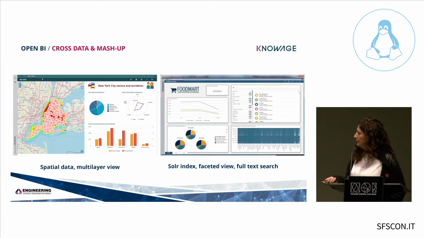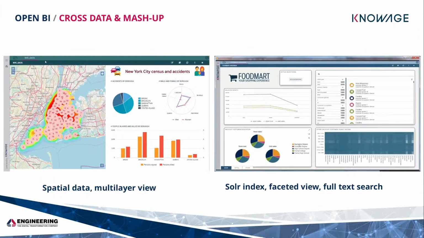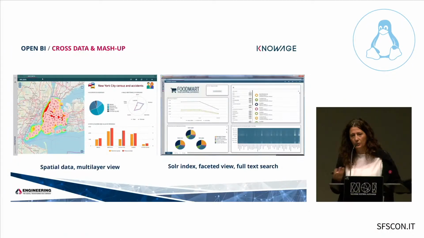On the left, you have spatial data that are well combined with traditional data, and when you click on one side, you have a filter on the other, and the opposite. On the right part, another example where we combine Solr indexes. You can do the same with Elasticsearch, and you can combine the full text search and the faceted view provided by Solr with an external mashup to other data that are not in the index. So you can use the index to go into other data for a more in-depth analysis.